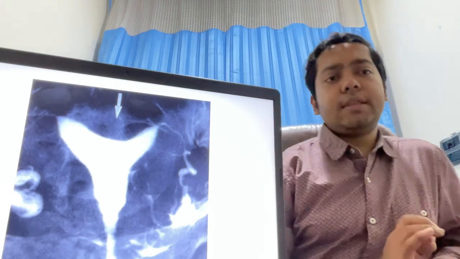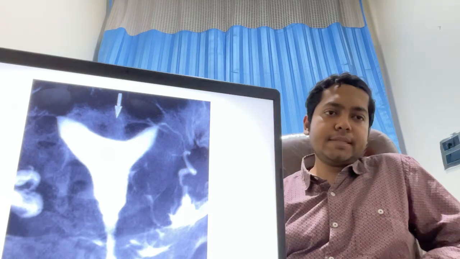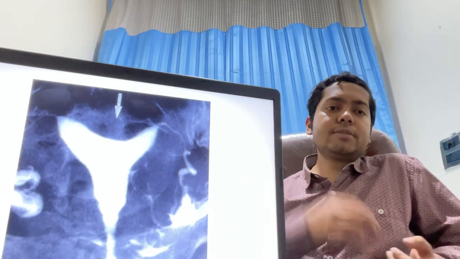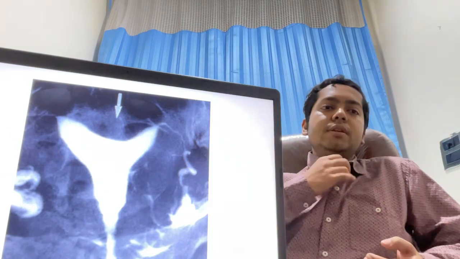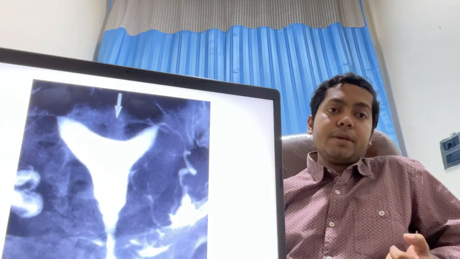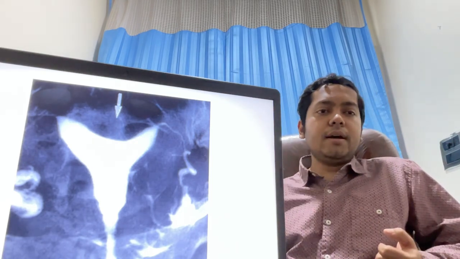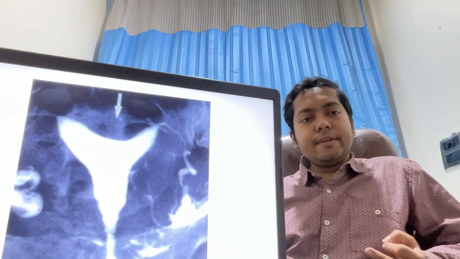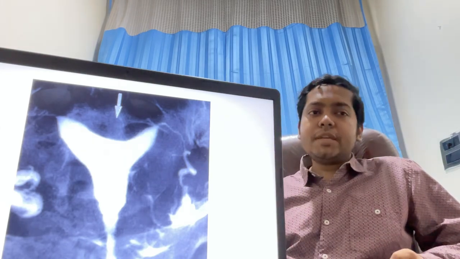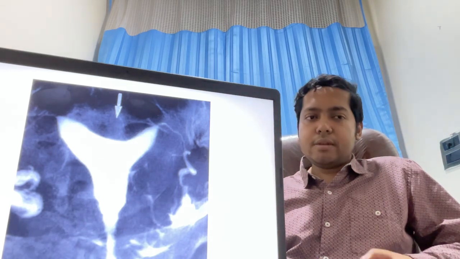Then the next question they will ask you is what are the symptoms with which patient might have presented. So septate uterus या फिर bicornuate uterus में patient presents with recurrent abortion, और patient might present with infertility. Either infertility के साथ आ सकती है, और अगर infertility नहीं है तो patient might come with recurrent conception followed by recurrent pregnancy loss.